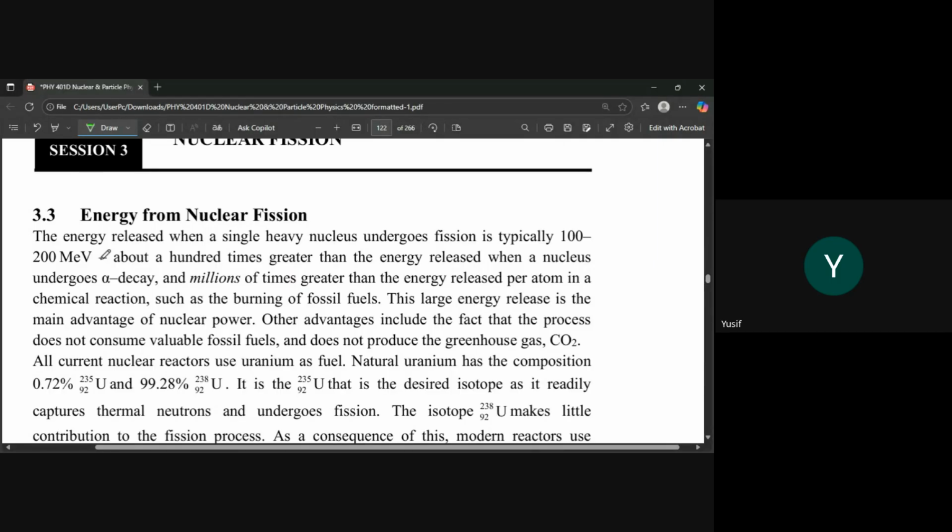And they are saying that when you get uranium, the kind of energy that we will be getting will be a million times greater than that. Which means if you are able to utilize nuclear fission reaction here, the energy that we will get will be able to supply, let's say, the entire Africa.